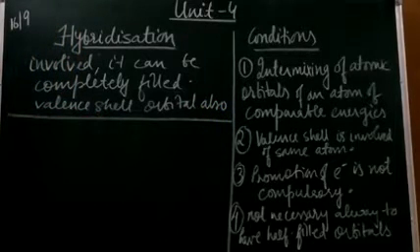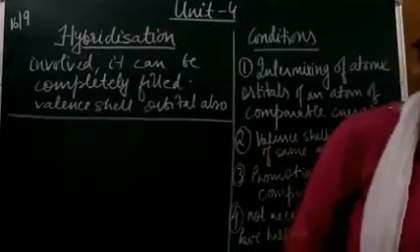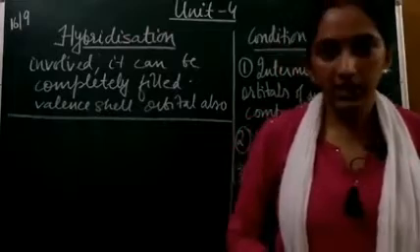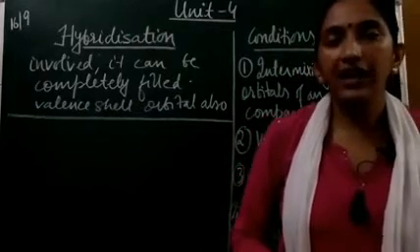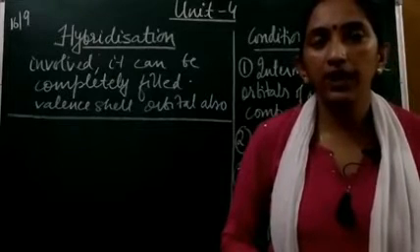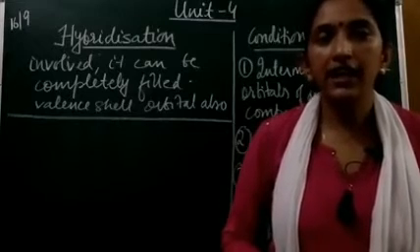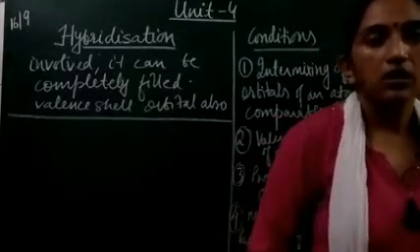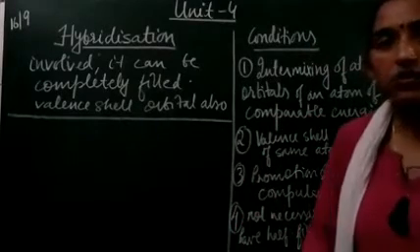Right, students? So these are the conditions. Intermixing of atomic orbitals of comparable energy will take place of the same atom, right? Second is that the valence shell of that particular atom is involved. We will not get the intermixing of atomic orbitals of any shell. It should always be the valence shell. Third is that the promotion of an electron is not a necessary criterion, that it has to take place.